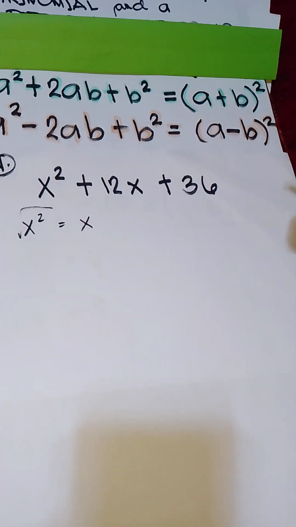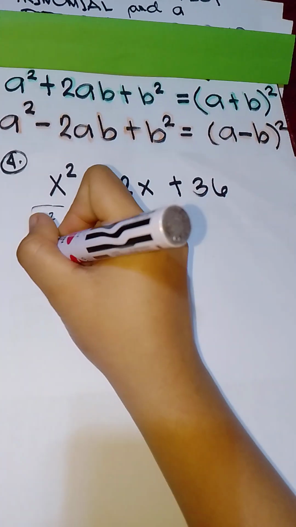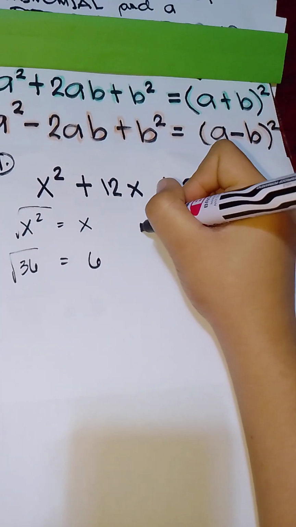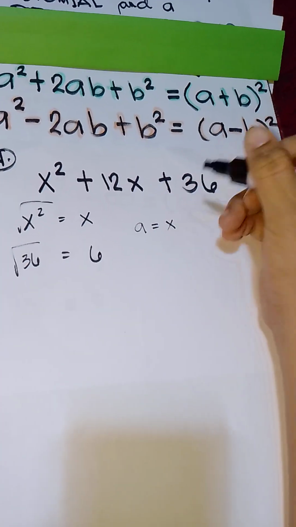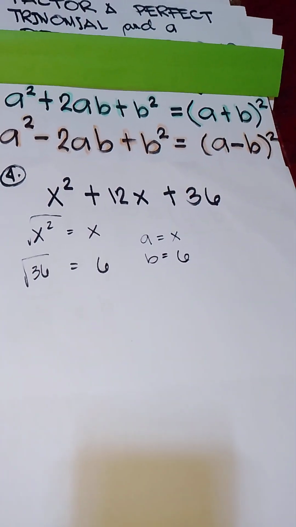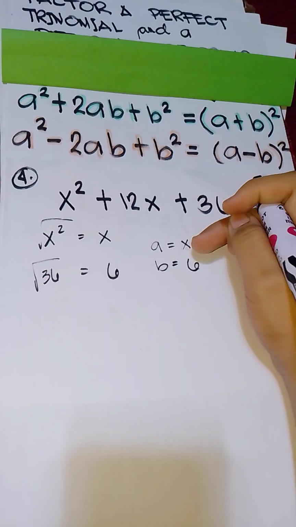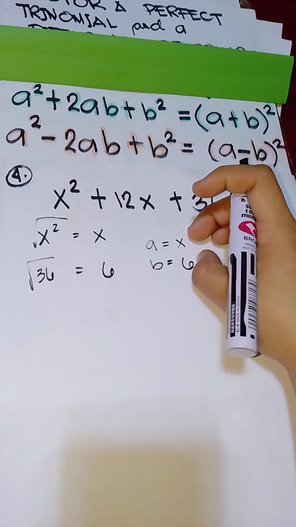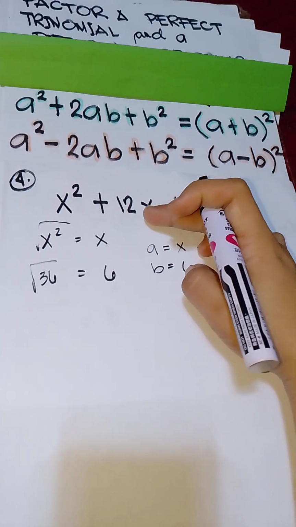And we also get the square root of 36. The result is 6. So our a is equal to x and our b is equal to 6.